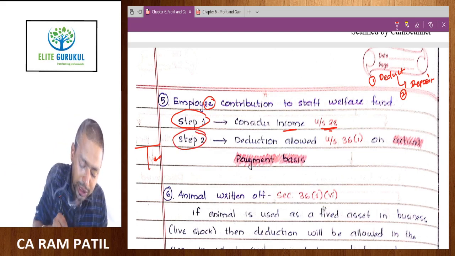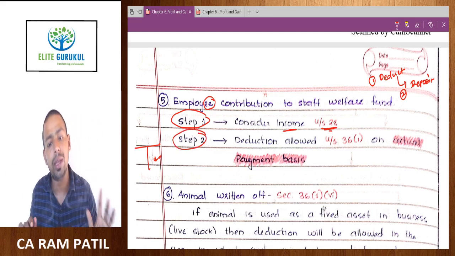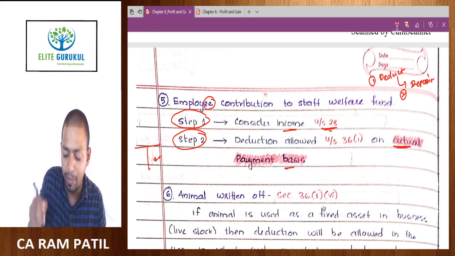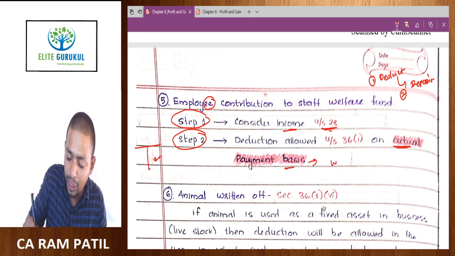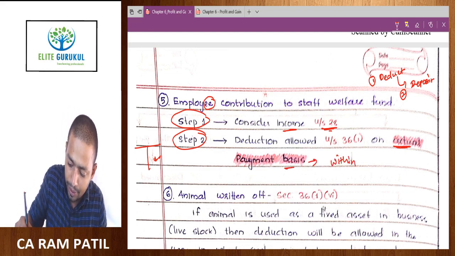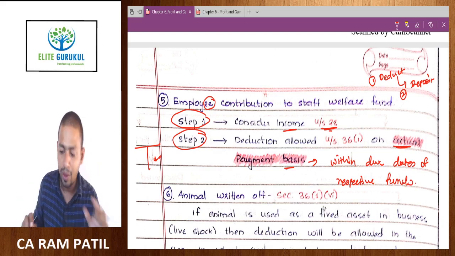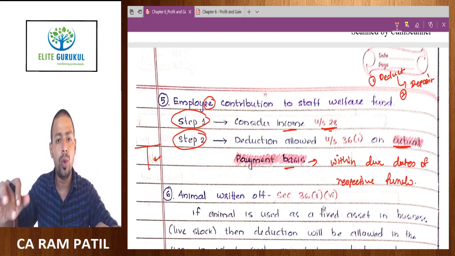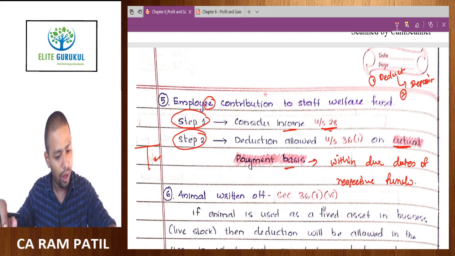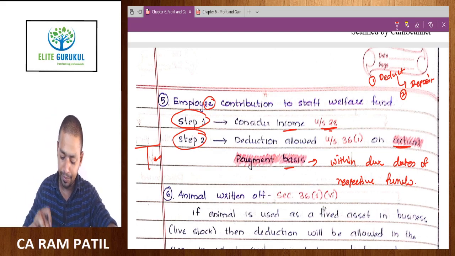So step 2, they are saying, okay, now it will be allowed as a deduction only on actual payment basis, and that too within the due date of respective funds.